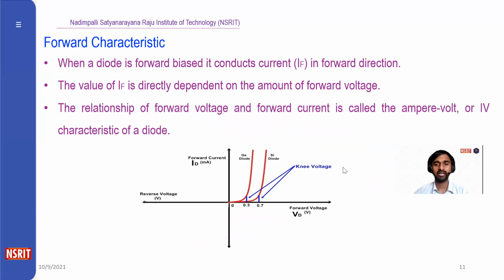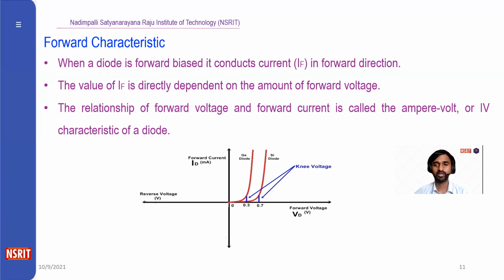Let us call the applied voltage the forward voltage, denoted by VF, and the current due to this applied voltage the forward current, denoted by IF. As you can see here, we initially apply voltages of 0.1, 0.2, 0.3 volts, increasing it in steps of 0.1 volts.